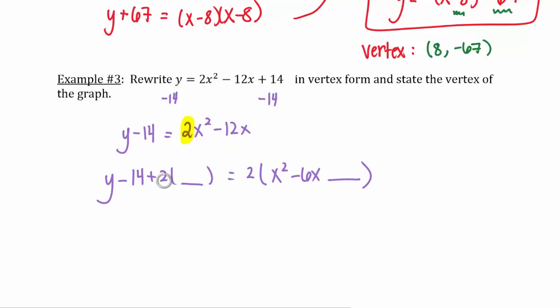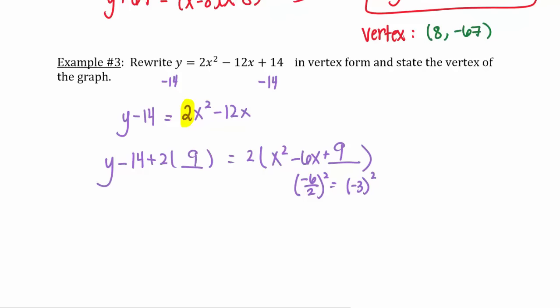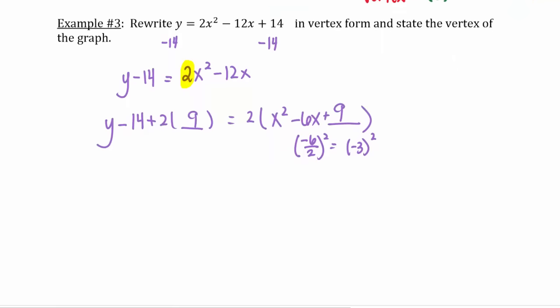And then on the left side, I have that 2 times my same quantity that I get when I divide my b over 2. So that's negative 6 over 2 squared, which is negative 3 squared, which is 9. So both places on that line I get to write 9. That means y minus 14 plus 2 times 9, which is 18. I'm going to factor this side, so x minus 3 times x minus 3.